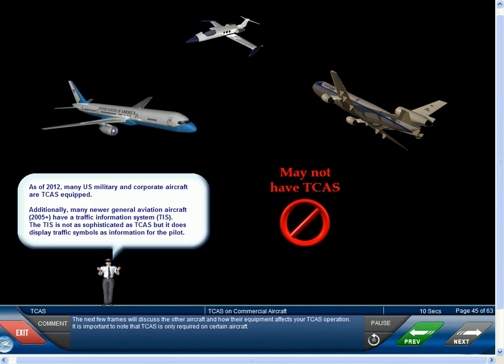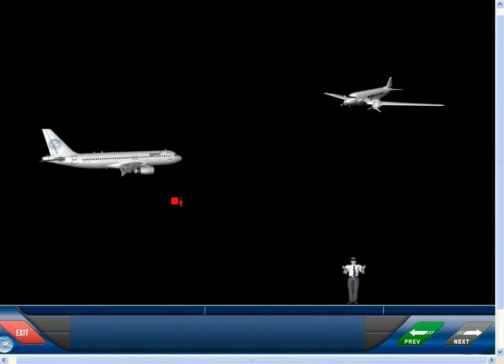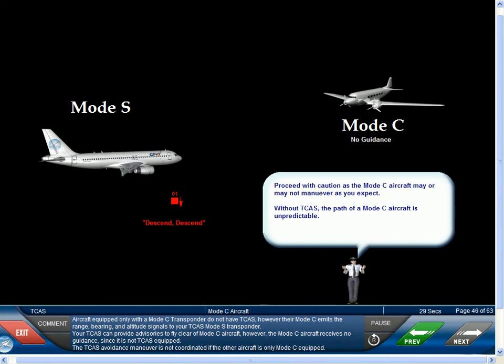The next few frames will discuss the other aircraft and how their equipment affects your TCAS operation. It's important to note that TCAS is only required on certain aircraft. Aircraft equipped with a Mode C transponder do not have TCAS.